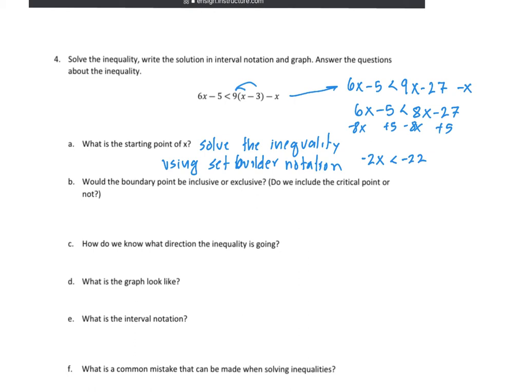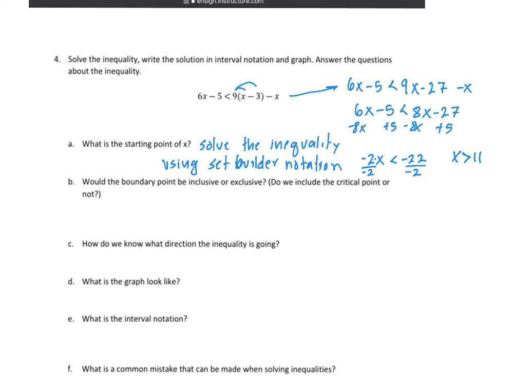Okay, this next step I'm going to do is very important. I need to get rid of that multiplication of a 2 on the x. So I'm going to divide both sides by negative 2. However, whenever we divide both sides by a negative, we must, and I almost just didn't, we must flip the direction of the sign.